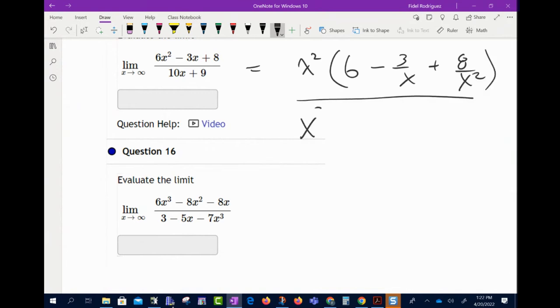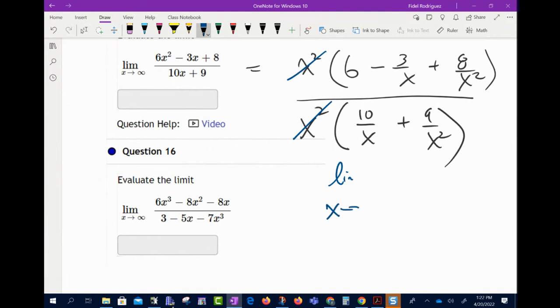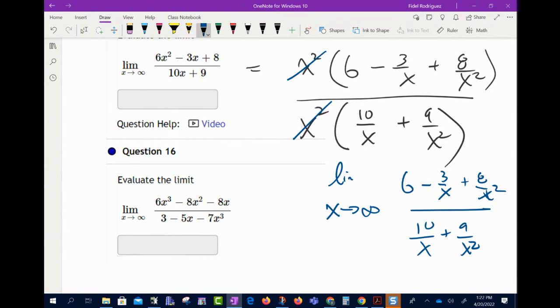Out of the bottom, if I factor out also an x squared, I end up with a 10 over x plus a 9 over x squared. I'm doing that, y'all, because I need to factor out the same terms. So those are going to cancel out. So now we are taking the limit as x goes to infinity of 6 minus 3 over x plus 8 over x squared over 10 over x plus 9 over x squared.